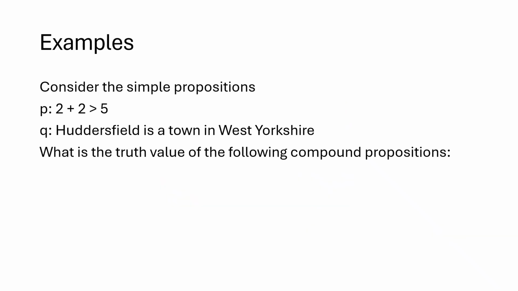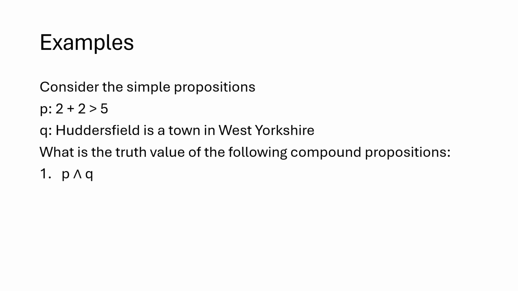Now here's an example. We have two simple propositions. P is the proposition that says 2 plus 2 is greater than 5, and Q is the proposition that says Huddersfield is a town in West Yorkshire. So we have the compound proposition P and Q. The question is, what is the truth value of P and Q? Is it true or false?